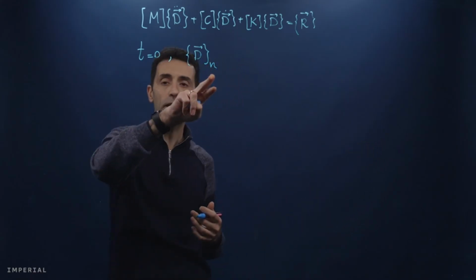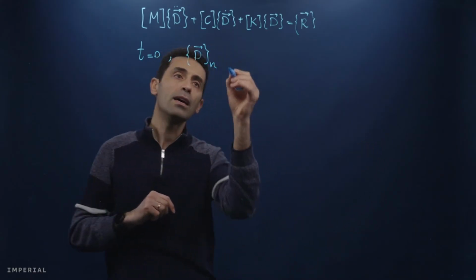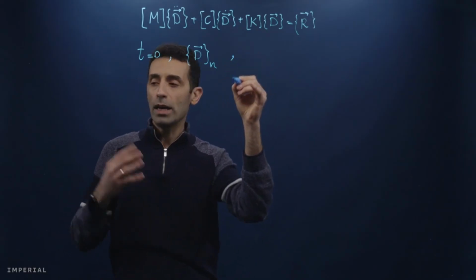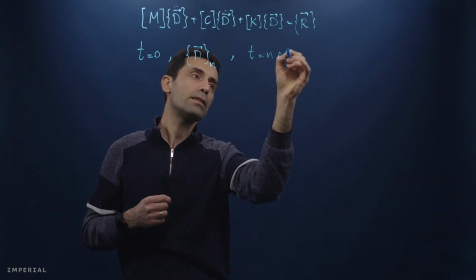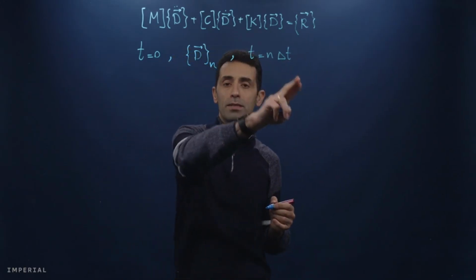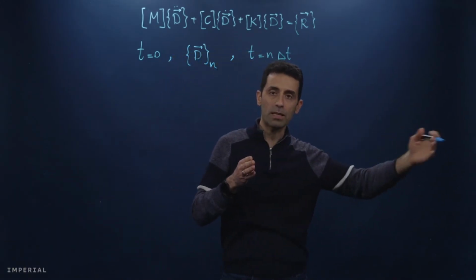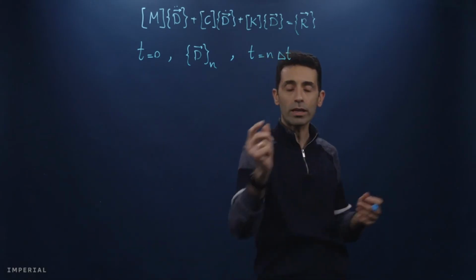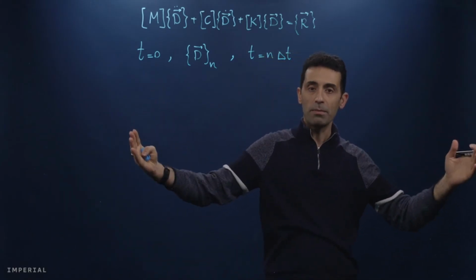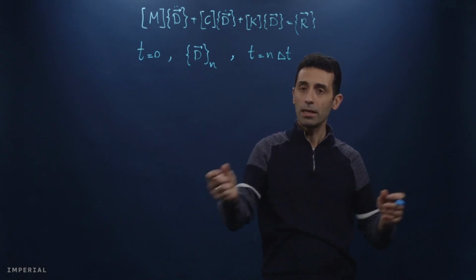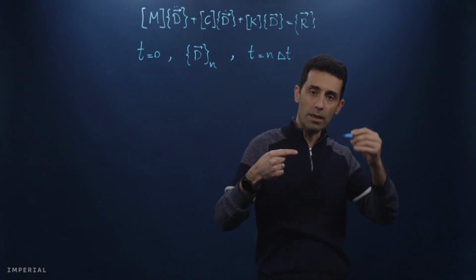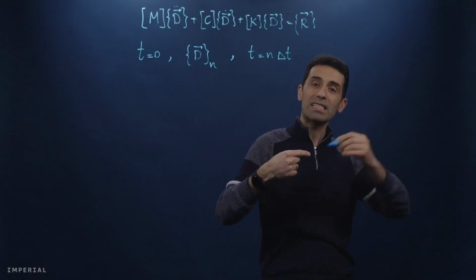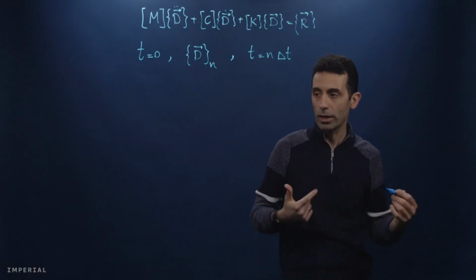So here is a generic time point which I'm showing with n, and this corresponds to a time that is n times delta t. So n times the number of time steps that we have taken. So you can see we have broken our time, imagine 100 milliseconds for an impact, into smaller chunks, and now we are going through these smaller time steps step by step and solving our equations.